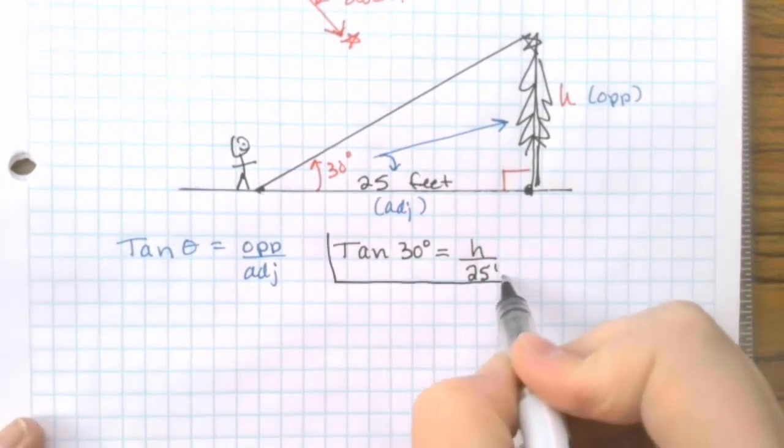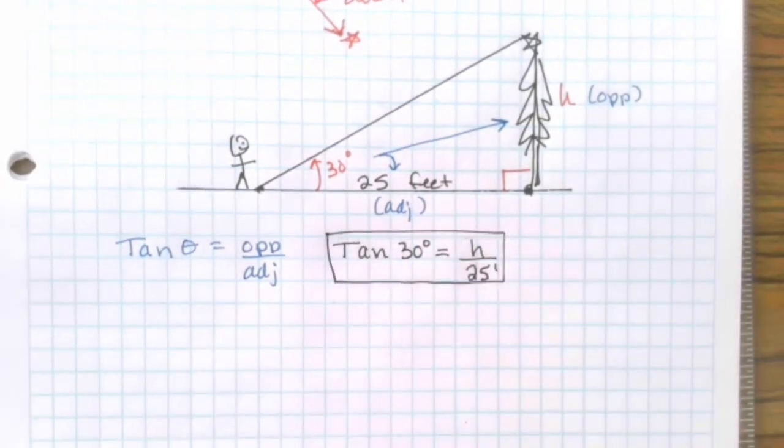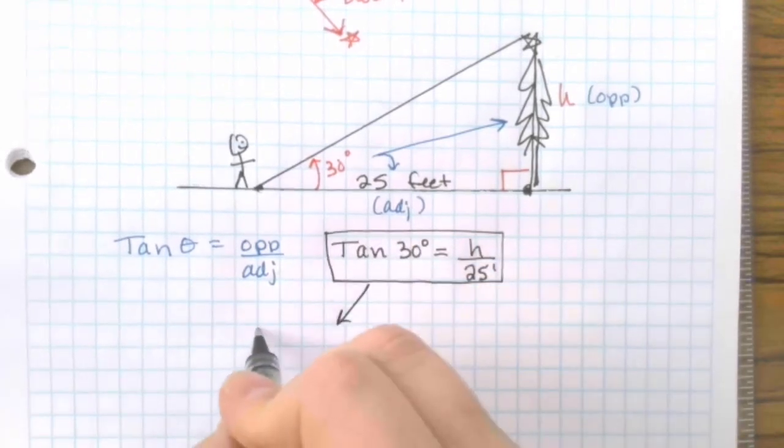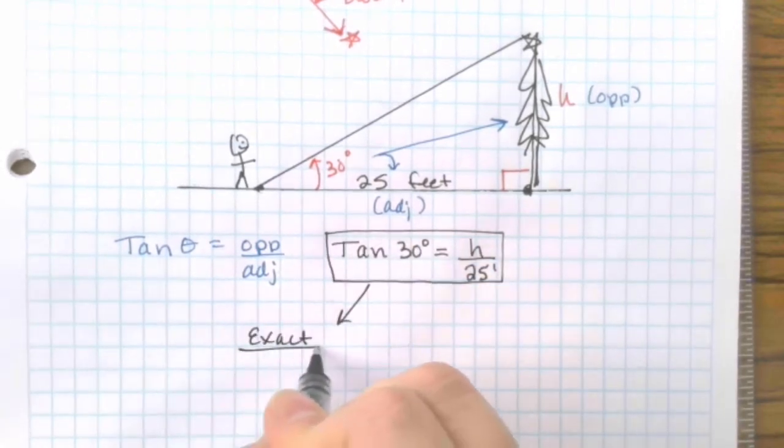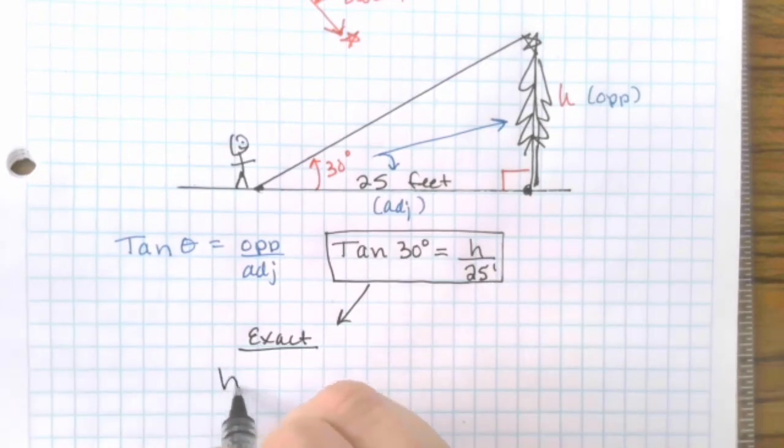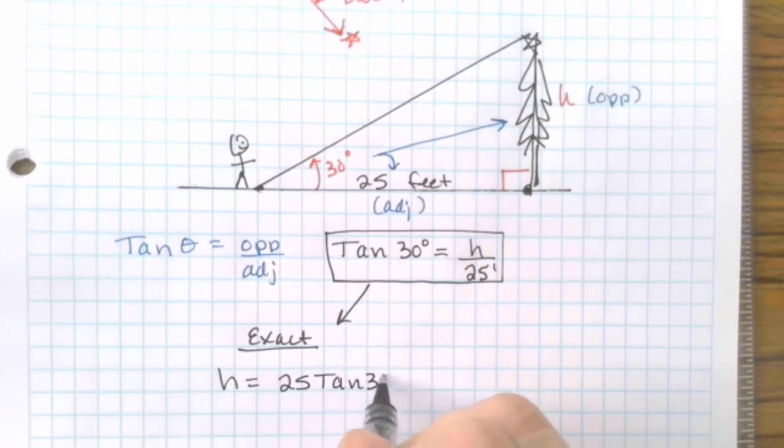That is your equation. Now here's where it depends on what they want. If they want an exact answer, you're going to just solve for h. So you end up with h equals 25 tangent of 30 degrees, and that will be in feet. That's your exact answer.